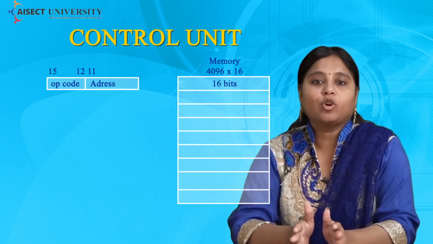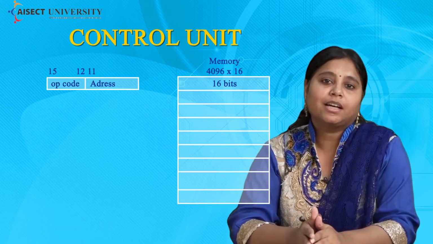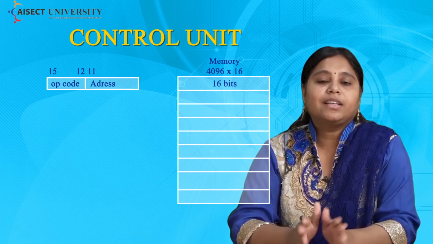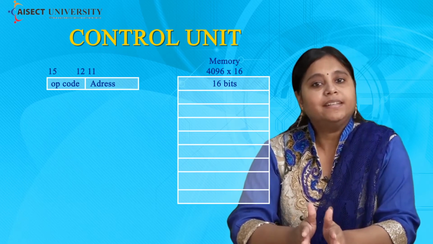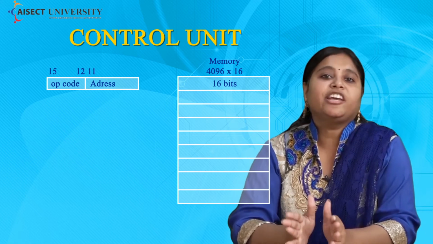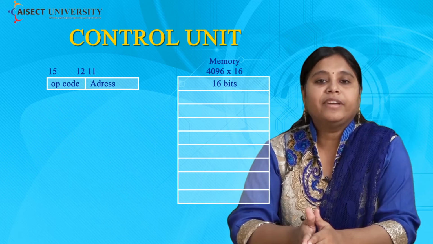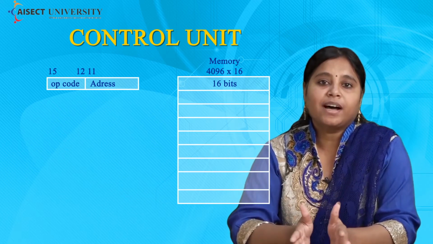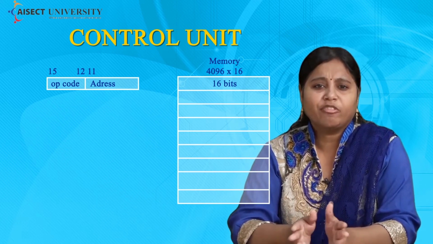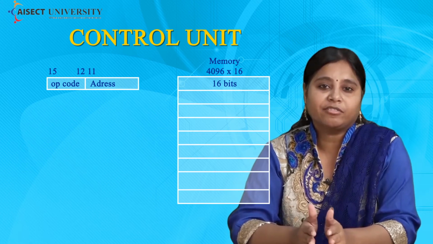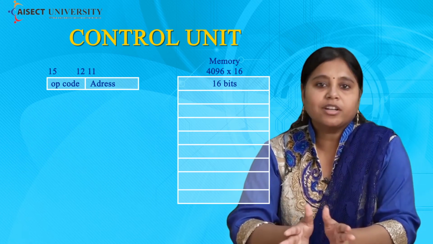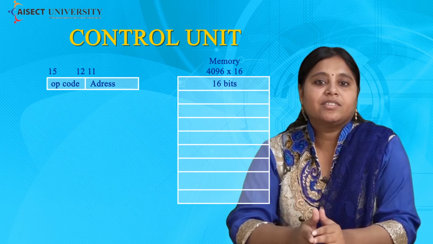Here I am talking about the basic memory size, which is 4096 into 16 bits, because we cannot show you the entire computer memory. Nowadays a large memory size is available, and we cannot show the entire memory structure here.